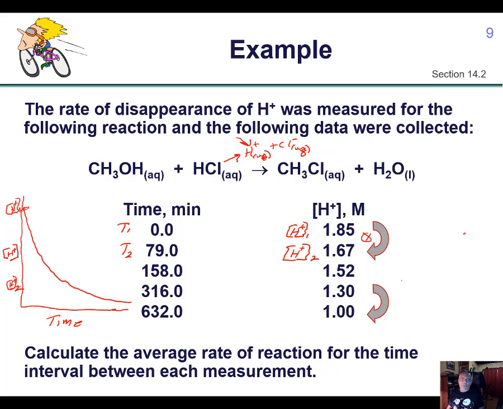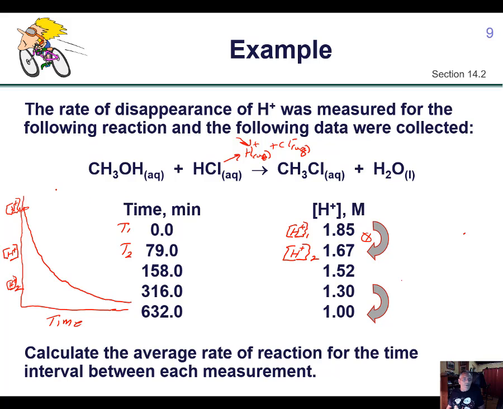What we're going to measure is the concentration of hydrogen ion as it changes over time. You might remember from Chem 1 that HCl, hydrochloric acid, is one of your 7 strong acids. It's a strong electrolyte, so it dissociates virtually completely. And we can measure quite easily the concentration of hydrogen ion by measuring what we call the pH of the solution, which is the negative log of the hydrogen ion concentration. We'll get to that later on in the course, not too long from now.